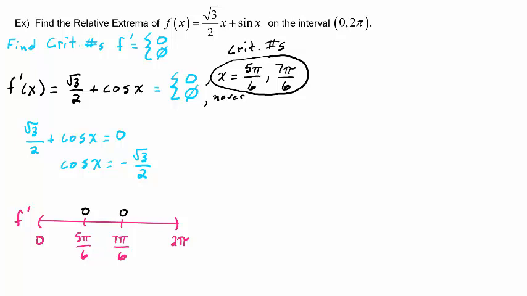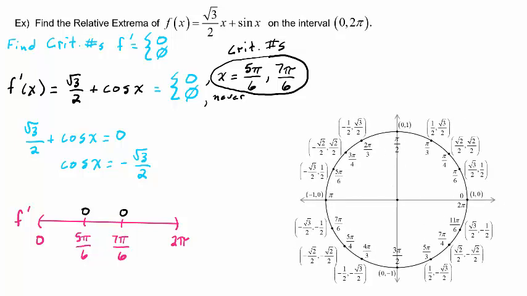Now we have to pick test points and decide if the derivative will be positive or negative in those intervals. So in this first interval, to pick a test point, maybe you'd like to picture the unit circle. Between 0 and 5 pi over 6, we have a really convenient test point, and that's pi over 2.